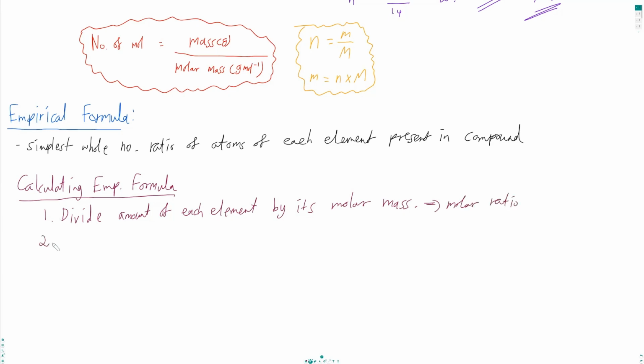The second step is you take that molar ratio, and divide the answer for each element by the smallest number, as in if it was like 3, 6, you divide by the smallest number, which is 3.